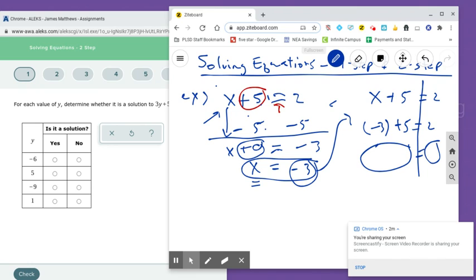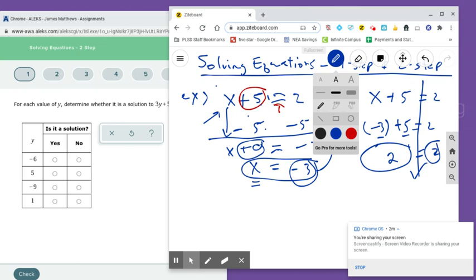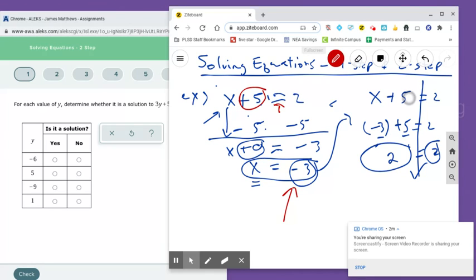They should be equal. On the right side, let's do that one quickly. It's just 2. There's nothing to do. On the left side over here, I have negative 3 plus 5. That's going to give me a positive 2. Because these things are equal, that means that this thing that we actually solved for is indeed the solution.